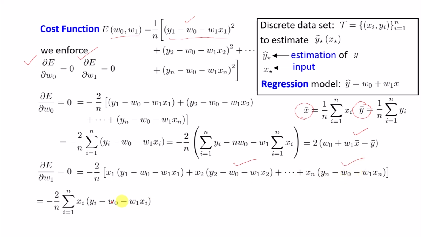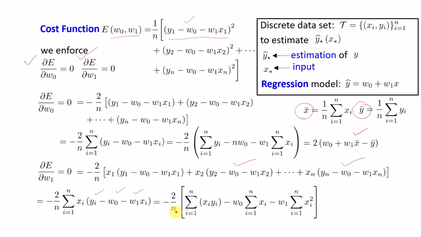So I can write it as the summation of xi multiplied by yi minus w0 minus w1 x1, and now I can break each of these terms. What I get is minus 2 by n summation of xi yi.